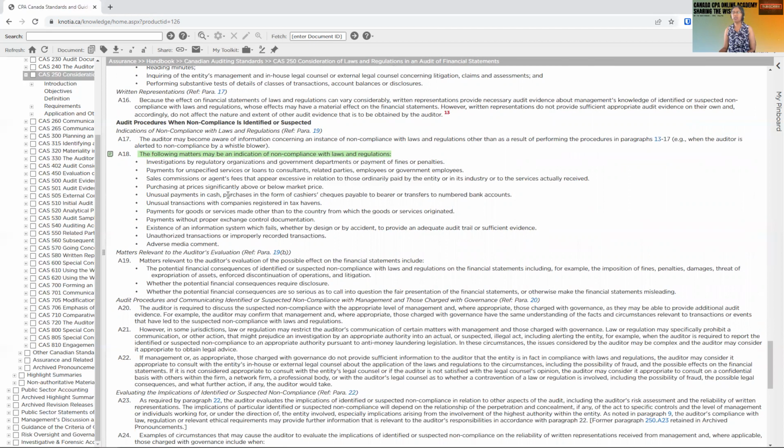What would you investigate? Investigation by regulatory organizations or government departments, payment of fines. Whenever you are doing your GL scrutiny, identify if there are any legal expenses. Take a statement from management: are there any pending lawsuits that you are not aware of? Are there some unusual amounts that are paid?